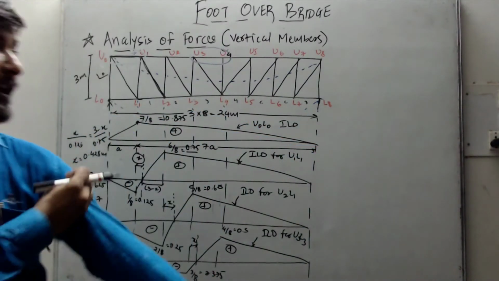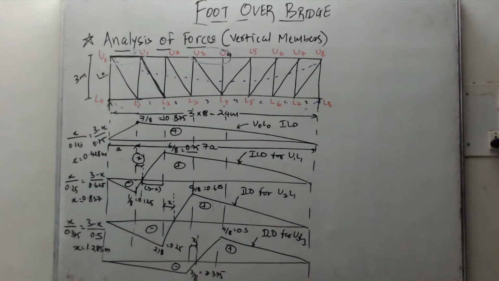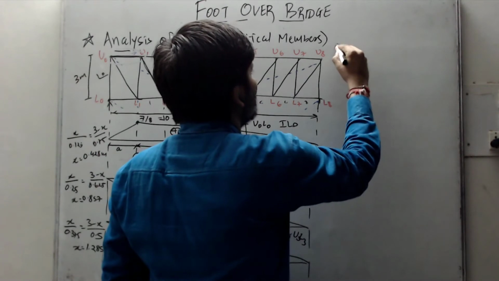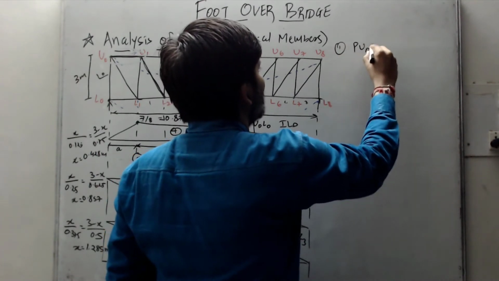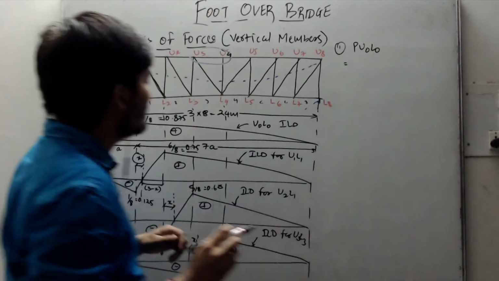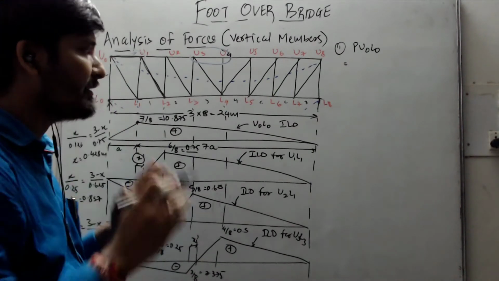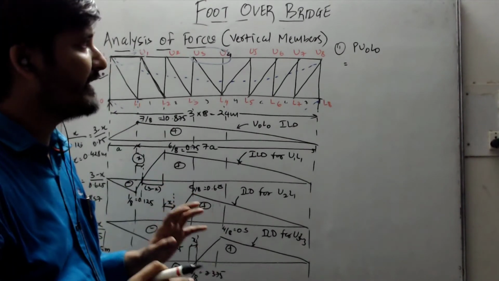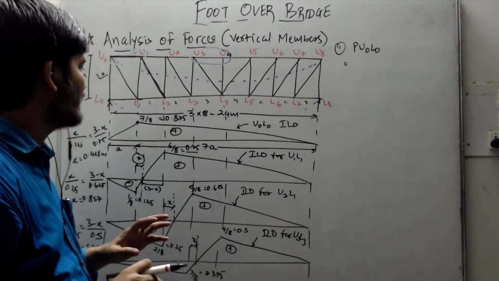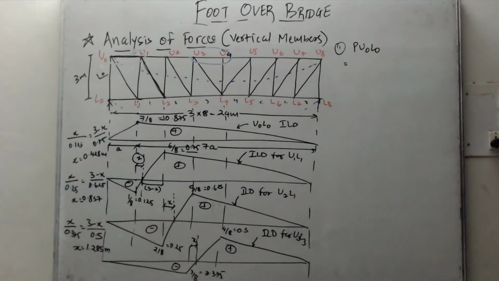All right, so first we calculate the force in PU0L0. It is calculated by area of a triangle multiplied by UDL. So what is the area of triangle? 1/2 base into height multiplied by UDL value, which was 26.6.